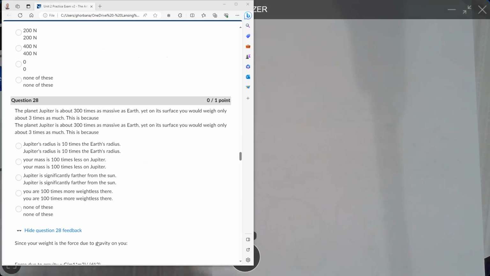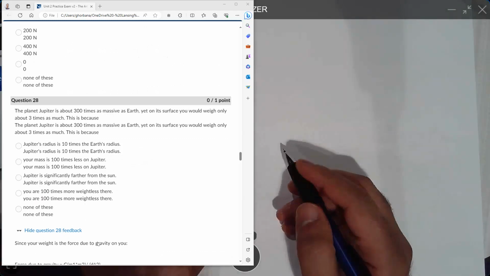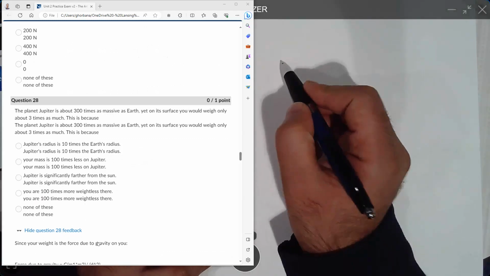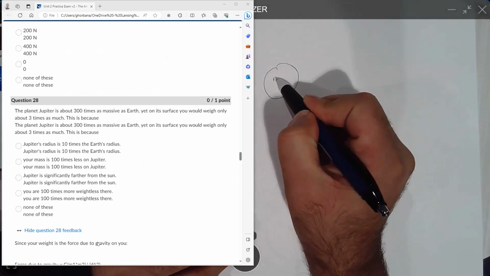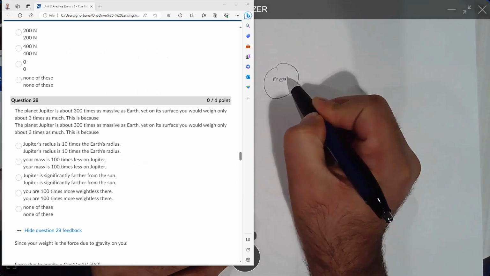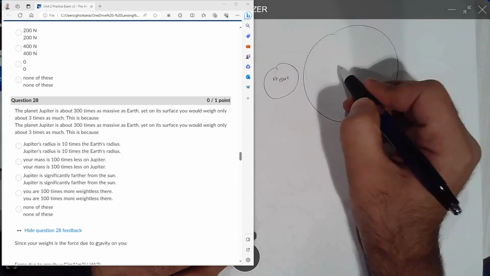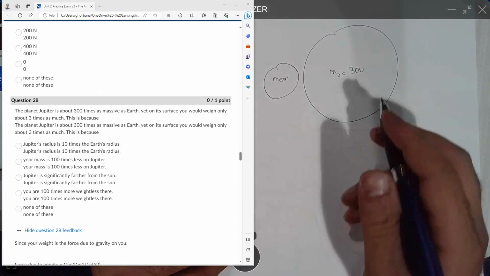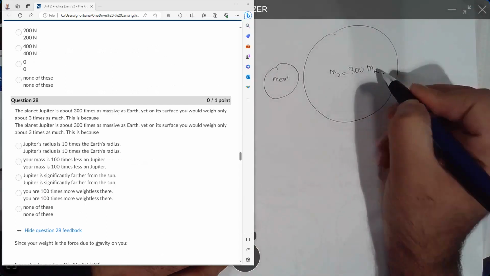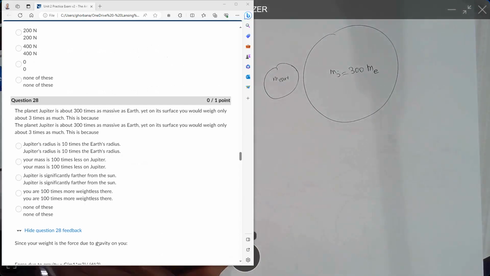Okay, so again, let's say if I solve this, I just say like this. If this is the mass of Earth, the mass of Jupiter is how many times? 300 times bigger than the mass of Earth. It doesn't show exactly 300 times, but you assume that it is 300 times.